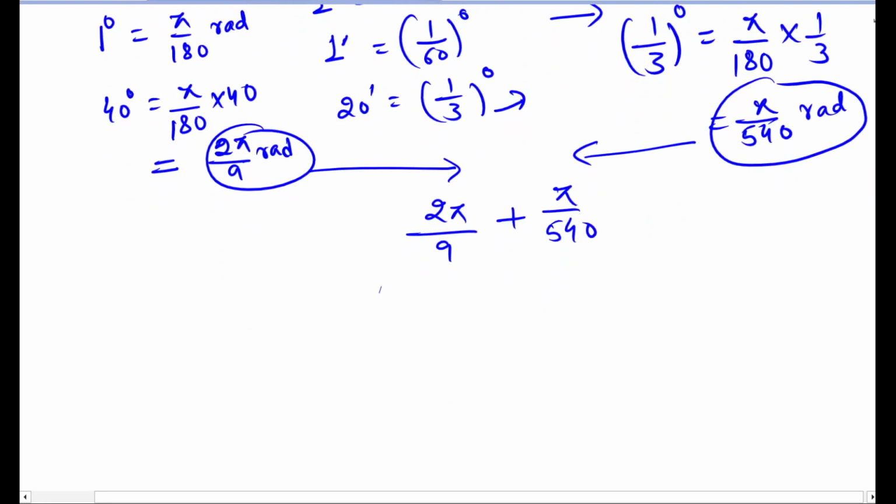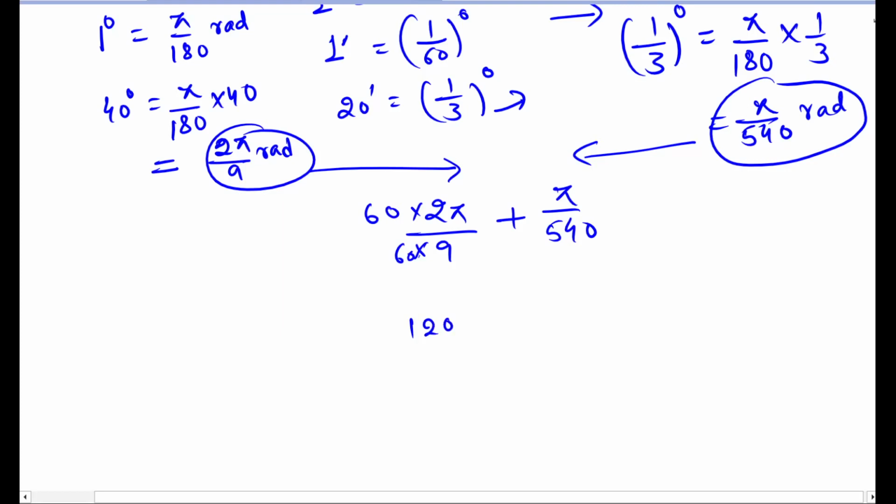So we get, multiply this factor by 60 and the numerator by 60.